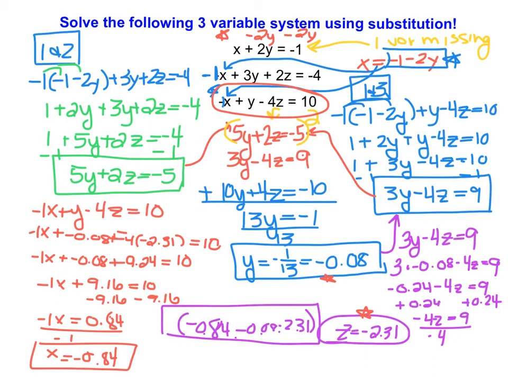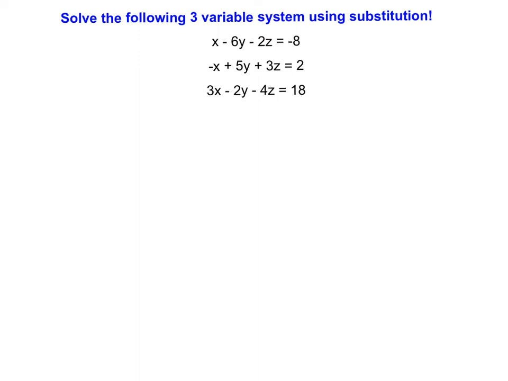because it's the exact same process. So for this last example here, I do want to show you how if we have 3 variables and 3 equations, we also can utilize substitution if it looks appropriate for the situation. So here you'll notice I don't have a missing variable, but substitution will still work. And if you're going to use substitution, what I suggest you do is take a look at all 3 equations. We have equation 1, equation 2, and equation 3. Take a look at them and decide which one you could solve for one variable alone really easily.